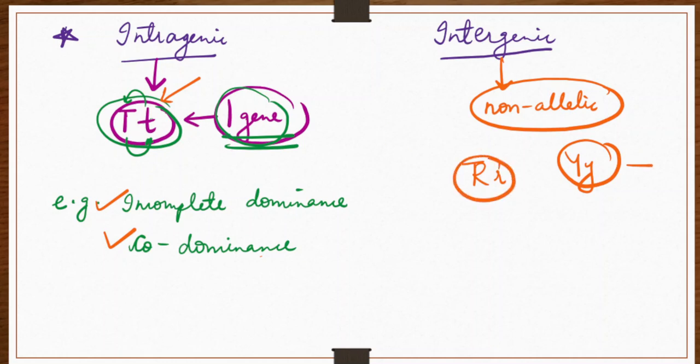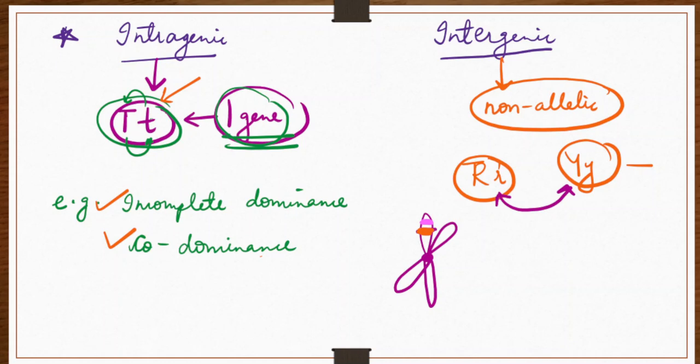If I consider one chromosome, this is one gene of orange color, and there is another gene of light pink color.